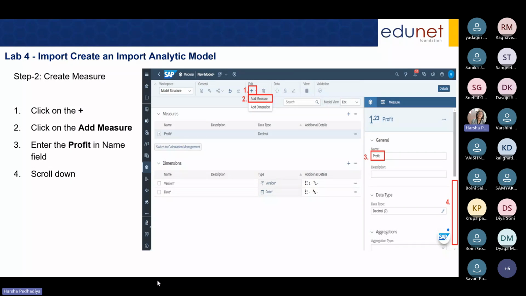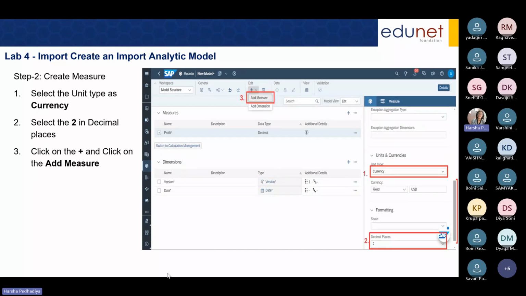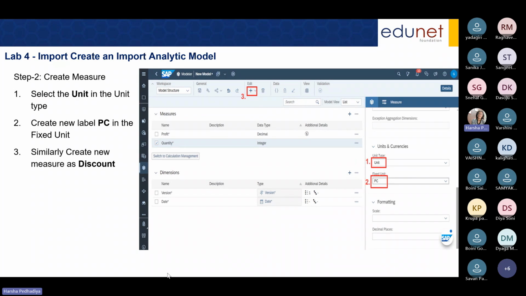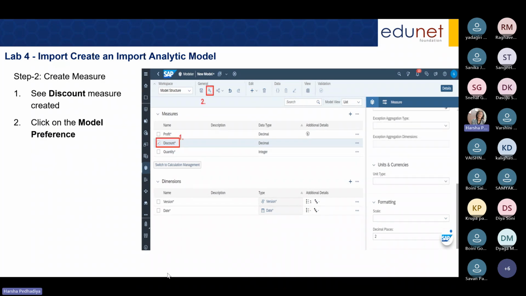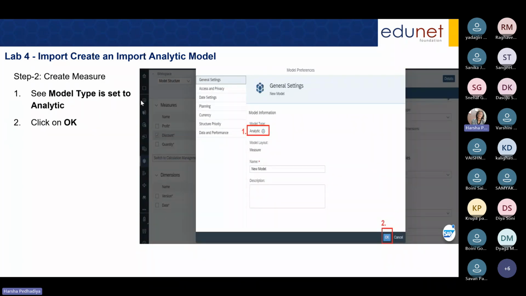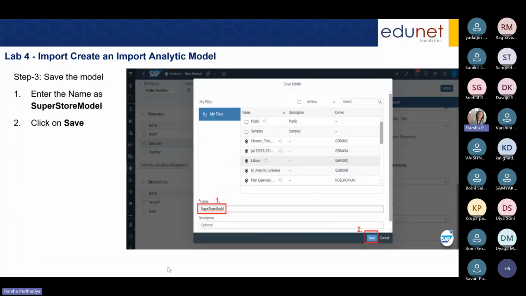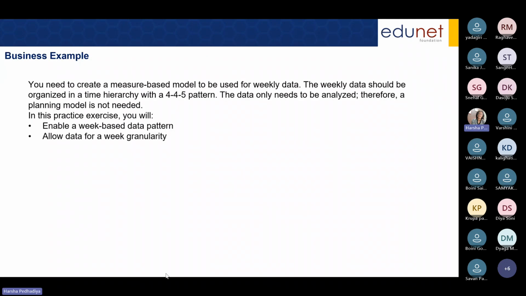Then you have to take some measures: profit, then currency or quantity, then discount, right? And then you have to choose analytics model, and then you have to save this with a superstore model.